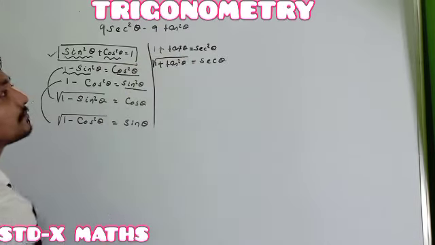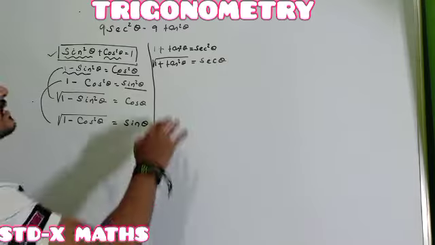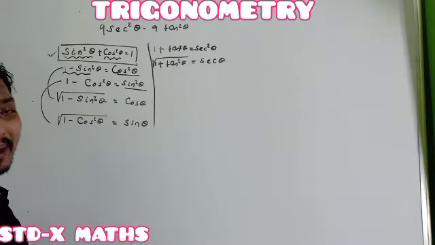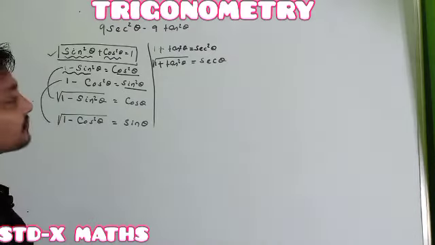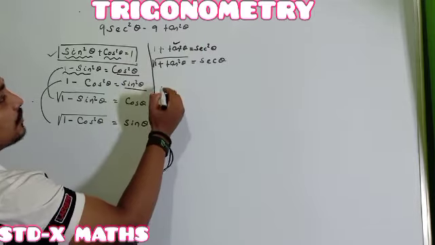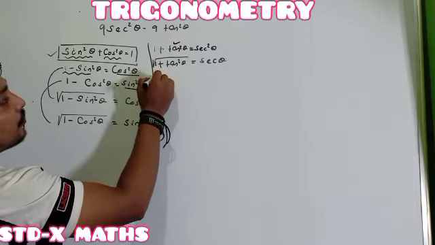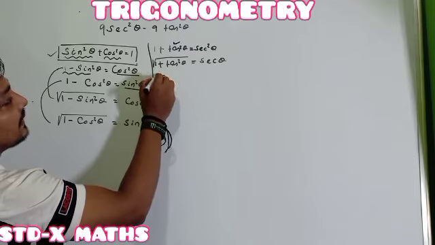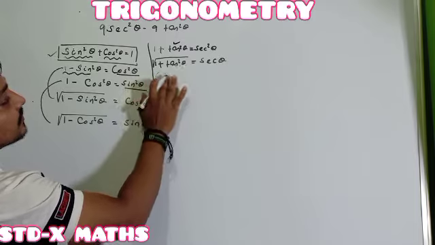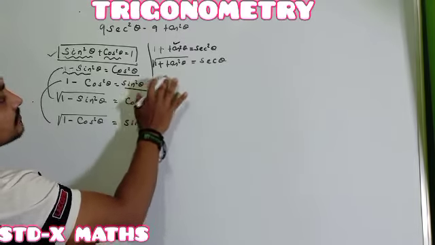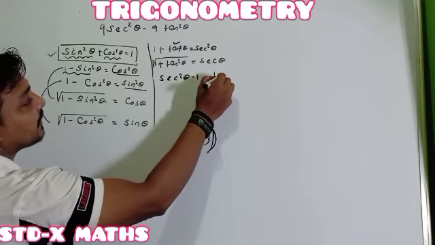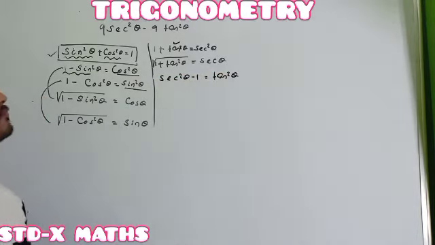Suppose I want to find tan square. See carefully: sec square theta minus 1 will be tan square theta.